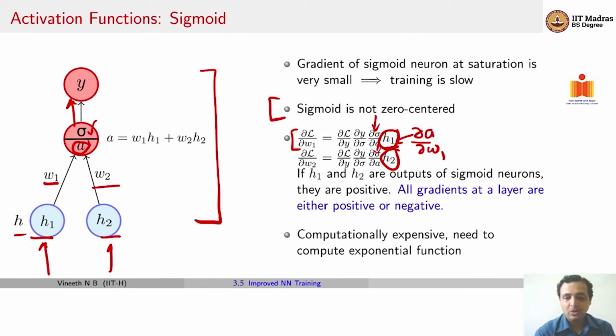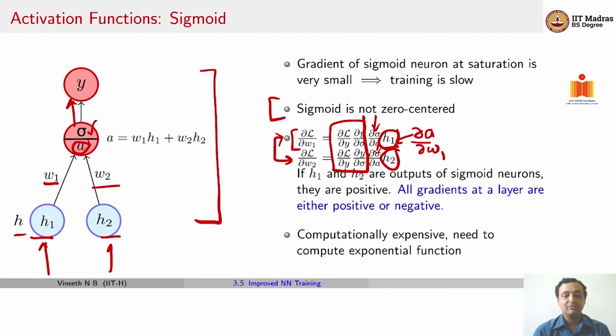Which means both these gradients will assume the sign of this quantity, which is common for both the gradients. ∂L/∂Y into ∂Y/∂σ is common for the gradient of W1 and W2.